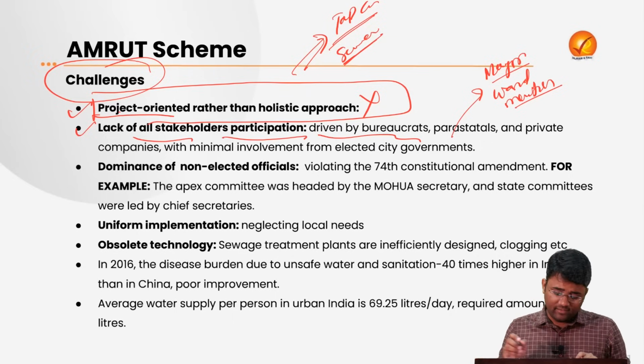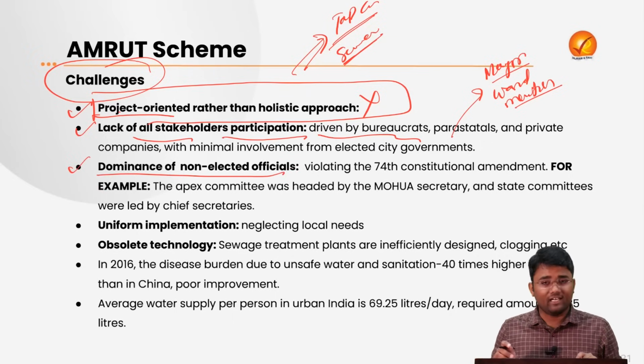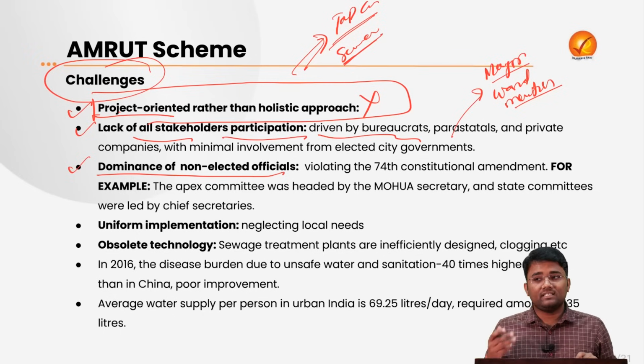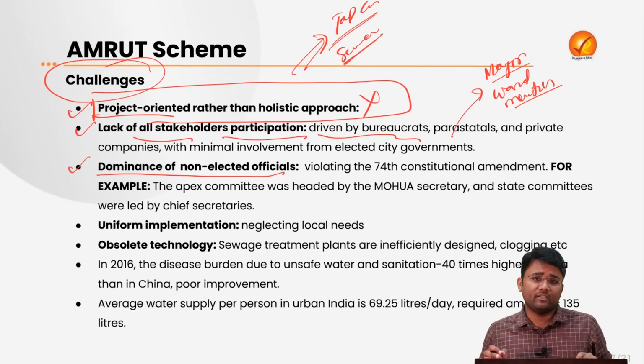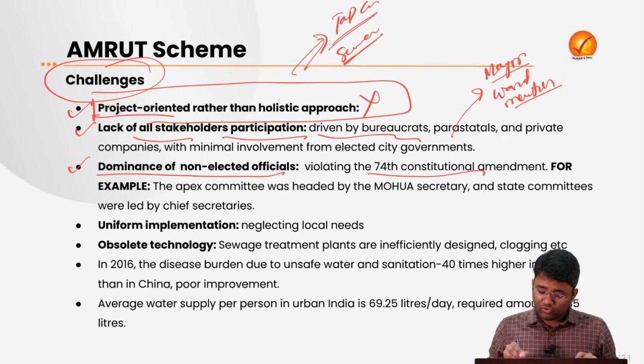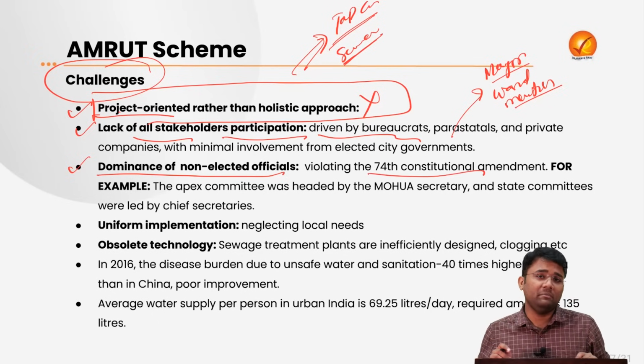Then the dominance of non-elected officials. As we have just talked about, there is more involvement of bureaucrats and people who have been hired by the private agencies. Okay, their involvement is much more than the elected representatives, and that is also a violation of the 74th Constitutional Amendment, which has provided for the elected representatives in the different urban local bodies.